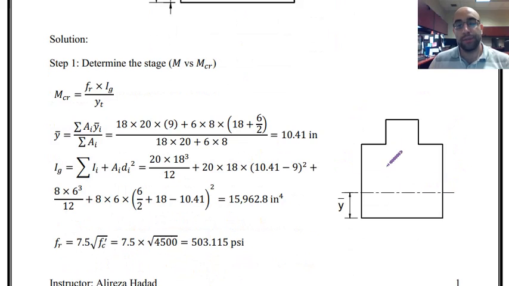As you can see, this is the section, the gross section, and at the very beginning I have to find the centroid of this section, because that will be the neutral axis. So for finding the centroid of this section, this is the very basic equation that we have for that.